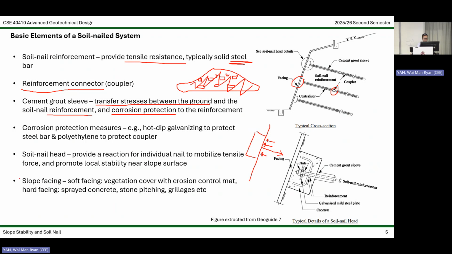So this comes to the last part, slope facing. If we provide vegetated cover with some erosion control mat, we call it soft facing.